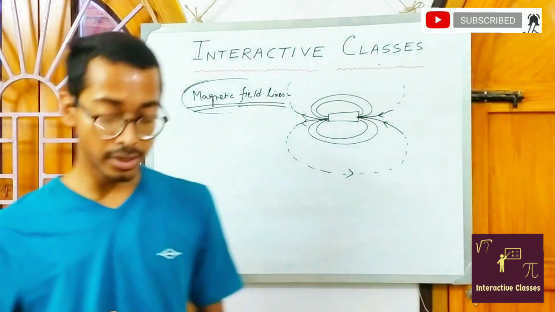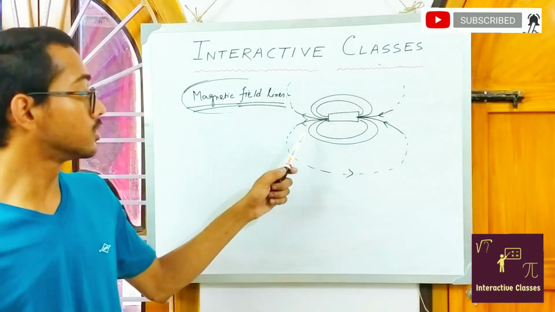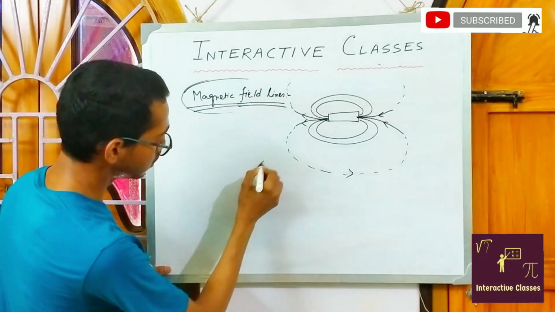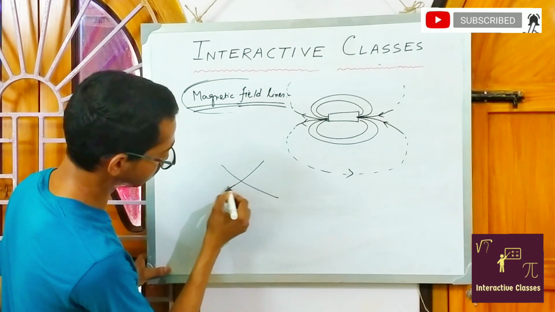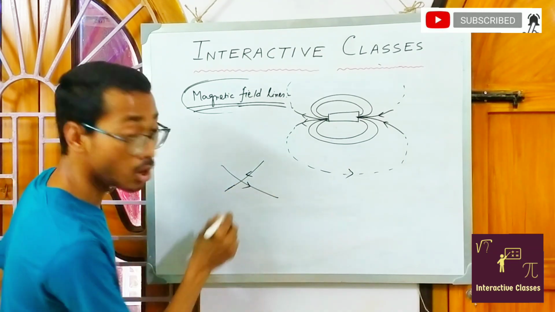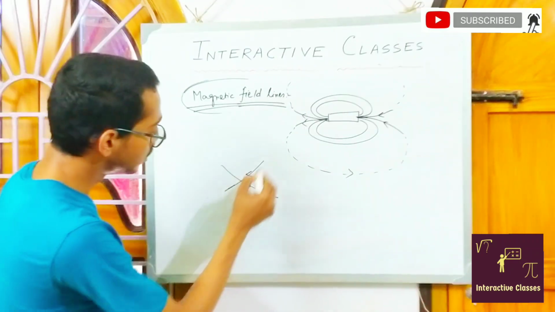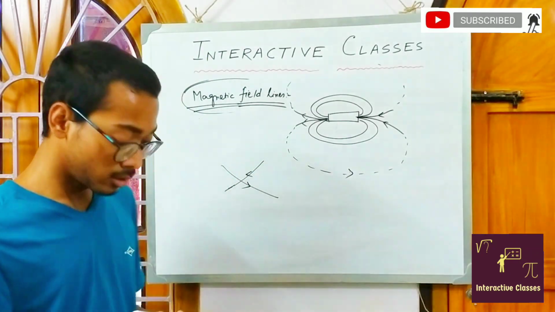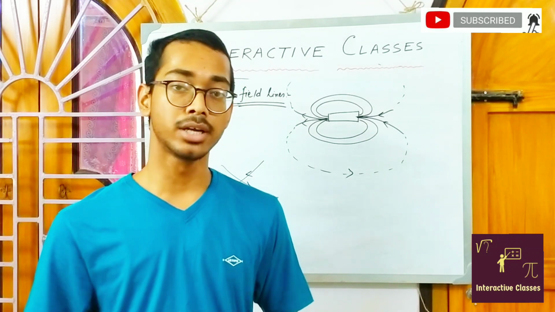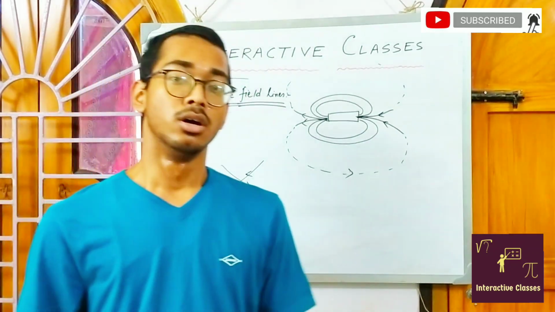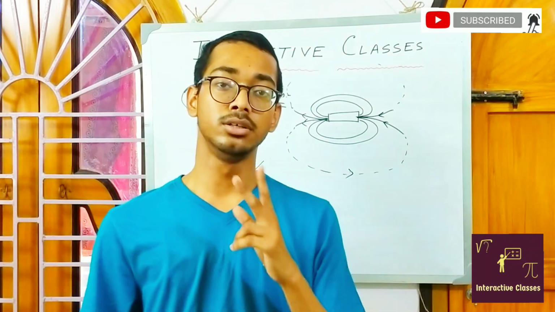The next property is magnetic field lines never intersect each other. So we don't find any magnetic field lines like this, one flowing like this and another flowing like this. Why? Because a magnetic field is a vector quantity. What is a vector quantity? A vector quantity means a quantity which has both magnitude and direction.